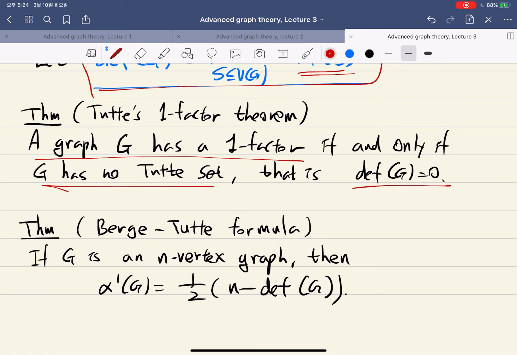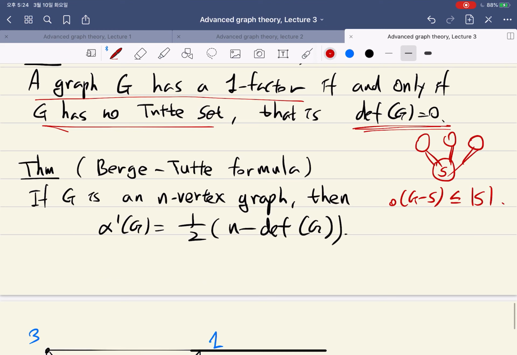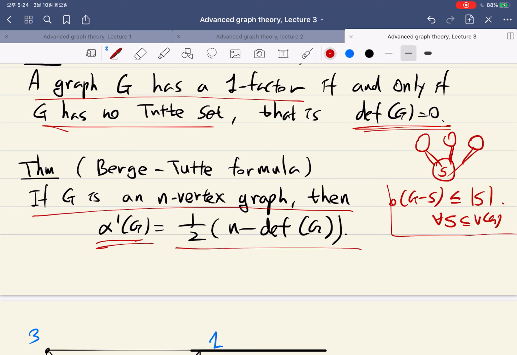That is, no matter what S we take, the number of odd components in G minus S is smaller than or equal to the size of S. That's what deficiency of G equal to 0 says. And the Berge-Tutte formula says that if G is an n-vertex graph, then the maximum matching size is exactly half times n minus the deficiency of G.